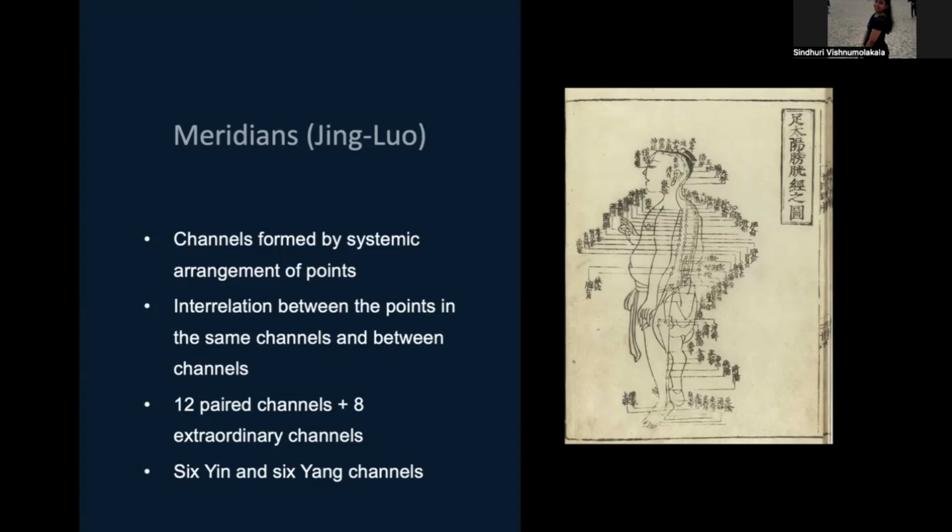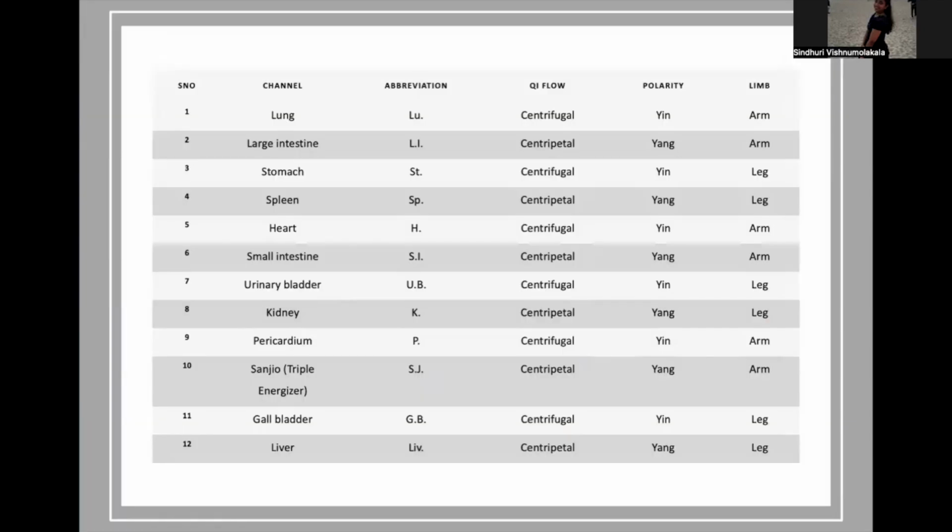That's how the channels are paired. So we have 12 paired channels with different polarities, yin and yang, and then we have 8 extraordinary channels. Out of the 12 paired channels, we have 6 yin and 6 yang channels.